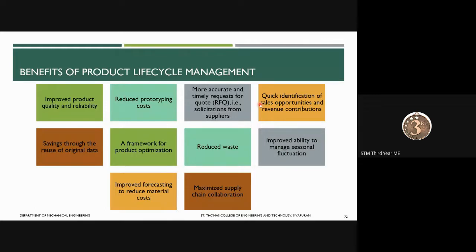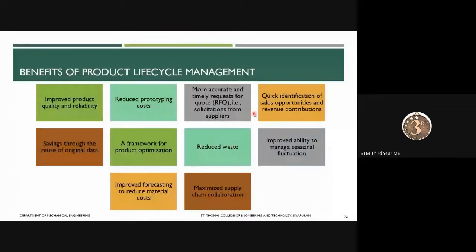For that purpose, we can quickly identify if we need more sales or more products. We can also calculate the major profit that we earn, and maybe even higher, but according to forecast we can only predict it up to some level of profit. These are some of the benefits of product lifecycle management.